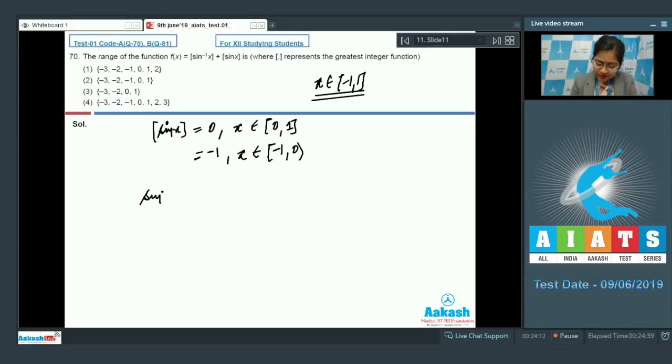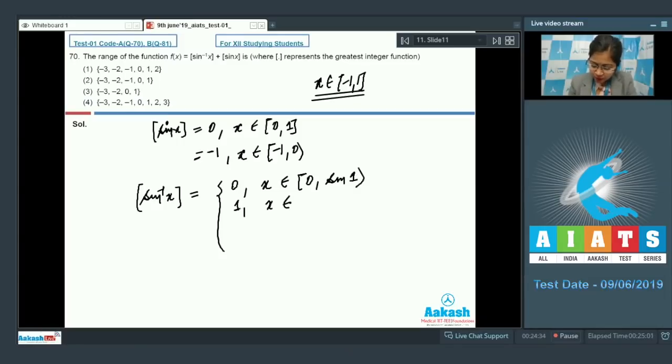Now if we talk about sine inverse x, this will be equal to 0 when x belongs from 0 to sine 1, and it will be equal to 1 when x will belong from sine 1 up till 1. Also, it will be equal to minus 1 when x goes from minus sine 1 up to 0, and it will be equal to minus 2 when x belongs from minus 1 to minus sine 1.